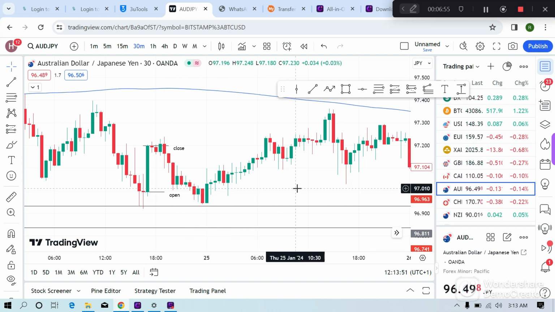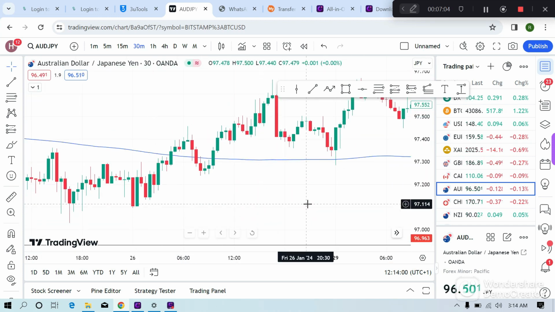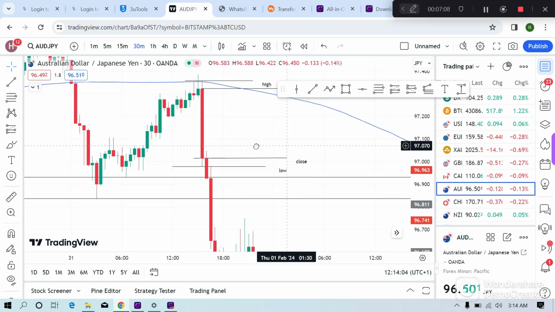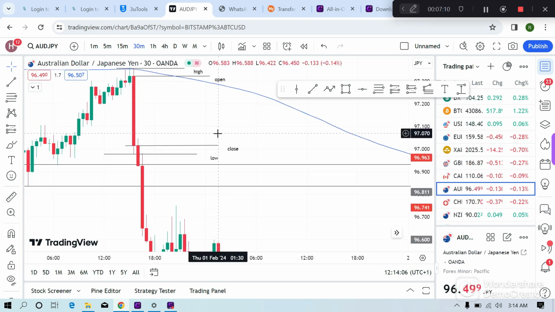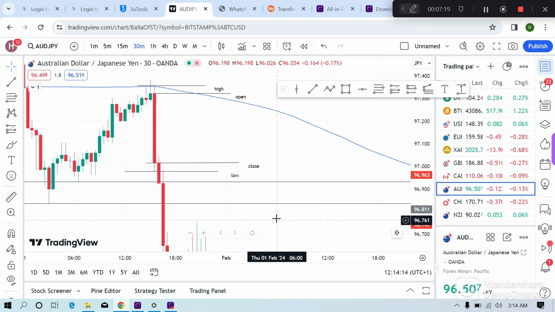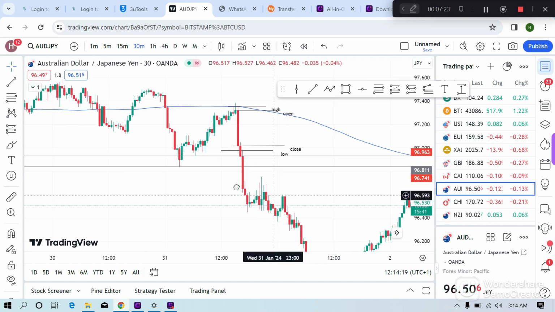Just have in mind that a candle that closes above its open is a bullish candle, and a candle that closes below its open is a bearish candle. It's as simple as that. It's very simple. It doesn't need much stress. With this, you can have a perception of the candlestick and do whatever it is you want to do without bothering much.